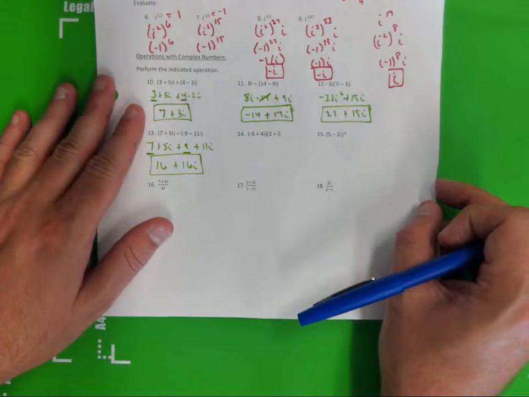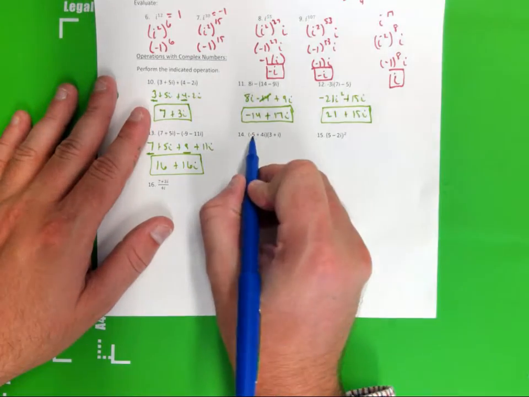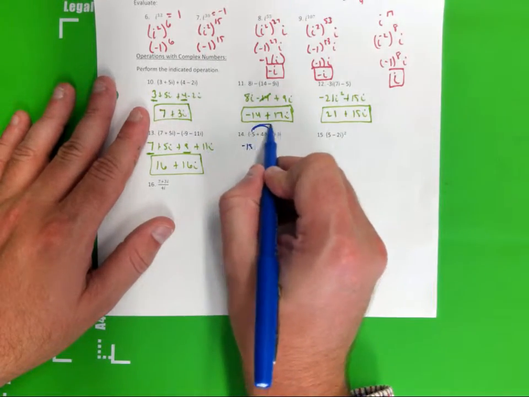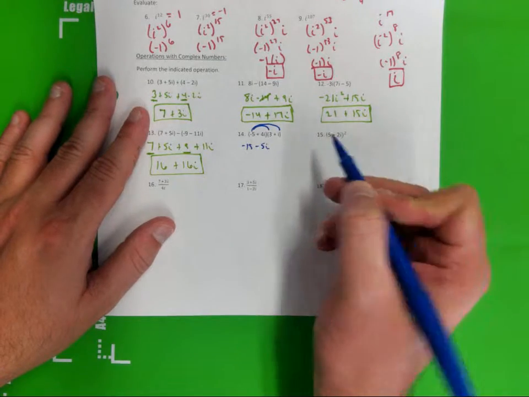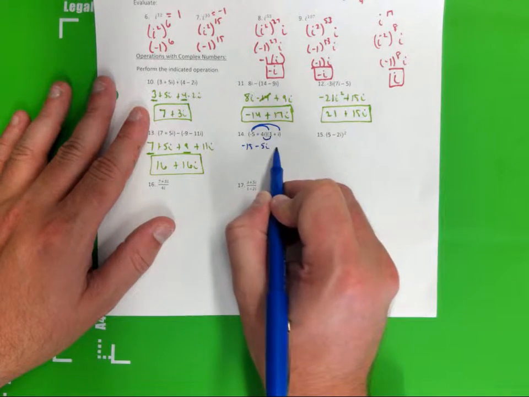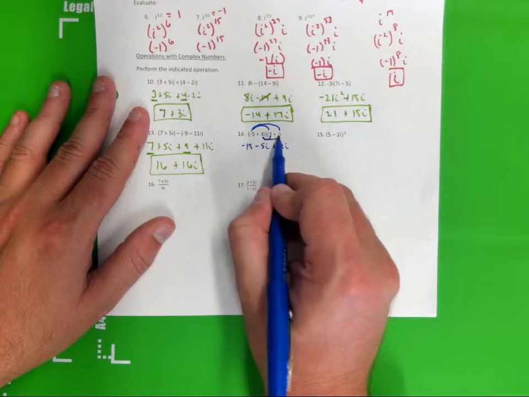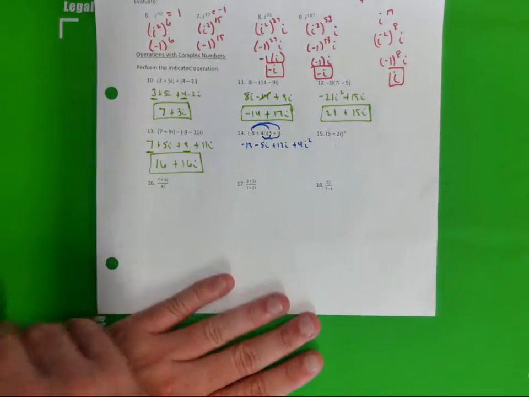Okay, we're multiplying through what method here? FOIL. Yep. Negative 5 times 3 is negative 15. Negative 5 times i is negative 5i. 4i times 3, 12i. 4i times i, positive 4i squared.